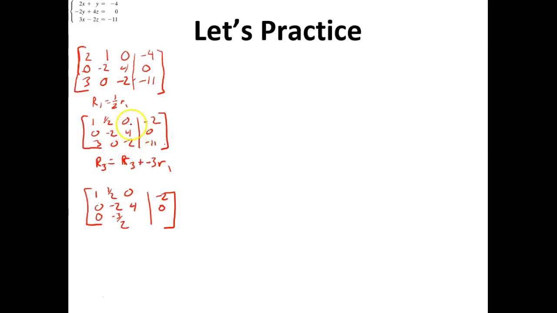This -2 plus -3 times 0 is just going to be -2. And then here, -11 plus -3 times -2. That's -11 plus 6, so that's -5. I got this a 1, zeros below it, that's what I was shooting for.